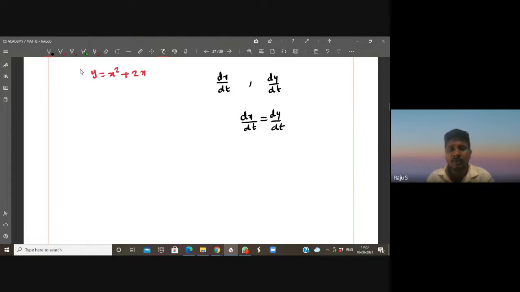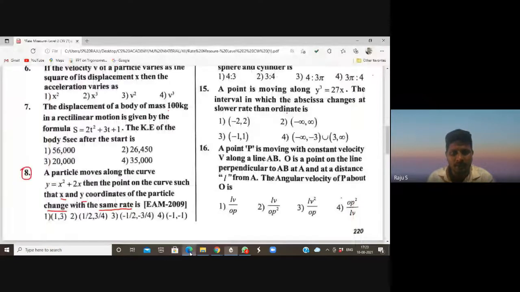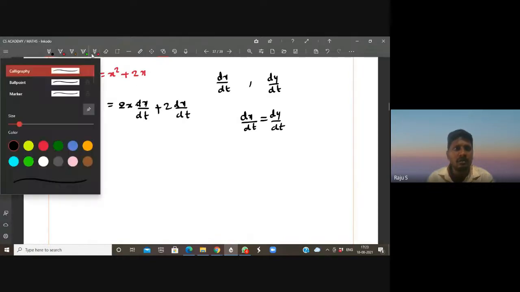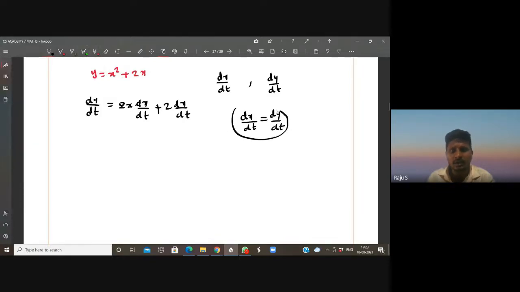Now I want to differentiate y with respect to t. dy by dt is 2x dx by dt plus 2 into dx by dt. Am I right? Now look here, the condition is dy by dt is equal to dx by dt.